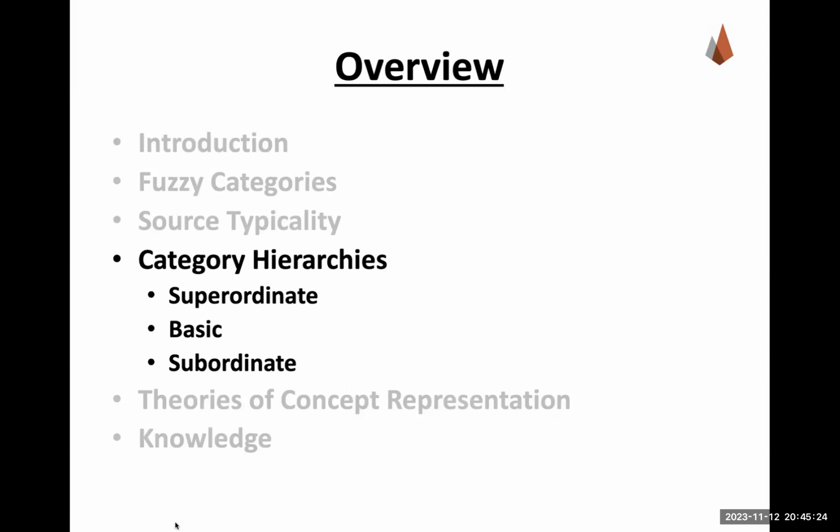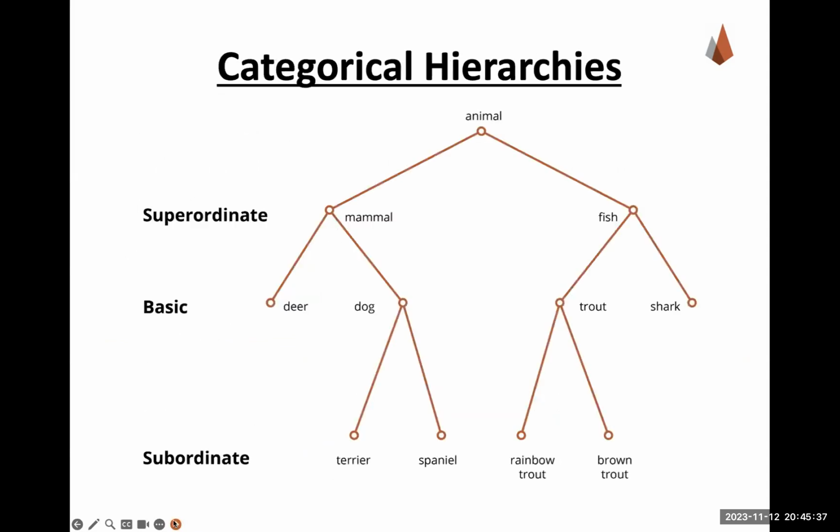Okay, so we're going to break down our categories. This will be fun and related to another part of your exercise for today's lecture. How we organize objects in the world.